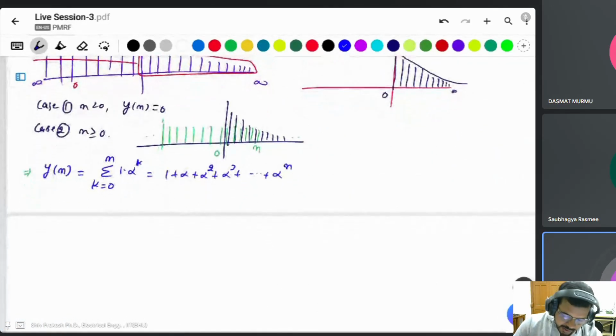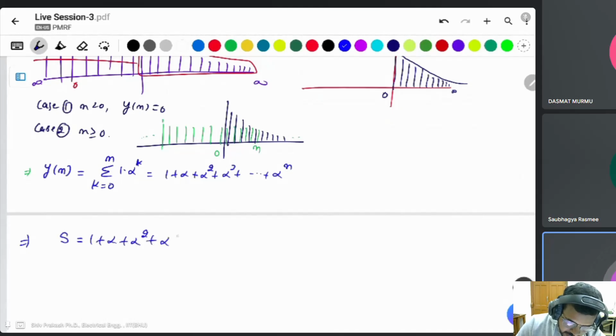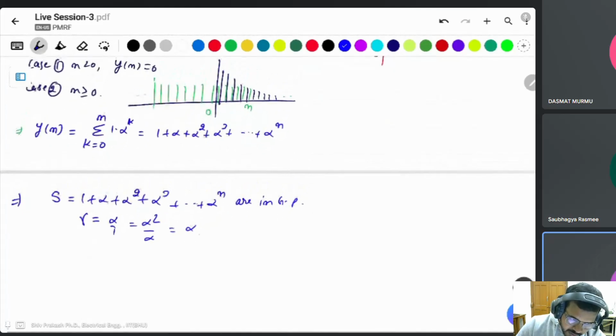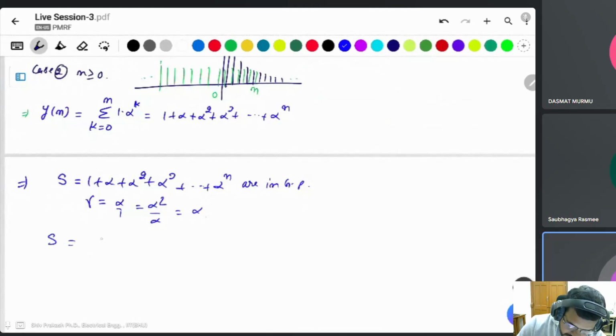Here, 1 plus alpha square plus alpha cube plus up to alpha n are in GP. If they are in GP, then the common ratio is alpha by 1 is equal to alpha square by alpha, all equal to alpha. The sum of this series is r to the power n minus 1 divided by r minus 1.